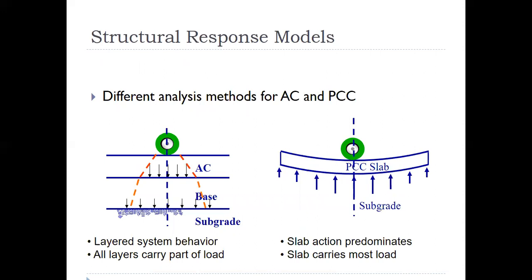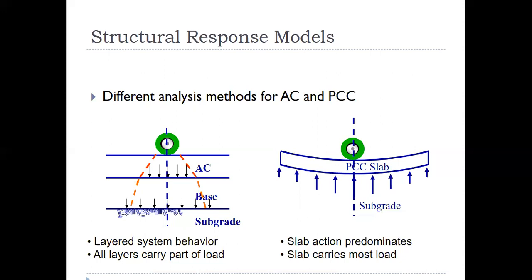Now, if you look at how pavement behaves, we already have discussed this many a time. Let's discuss it once more: how the stresses and strains are created in flexible pavement and rigid pavement. In the flexible pavement, stresses are taken care of layer by layer.